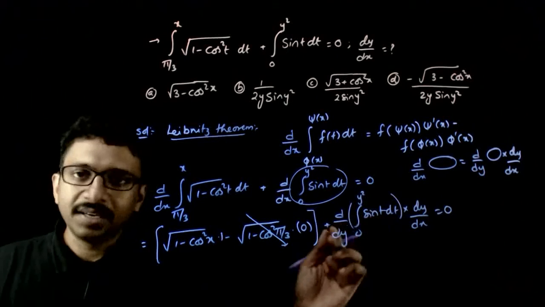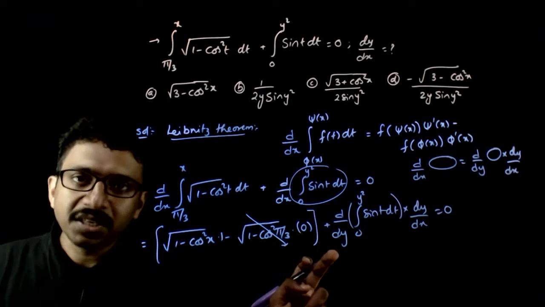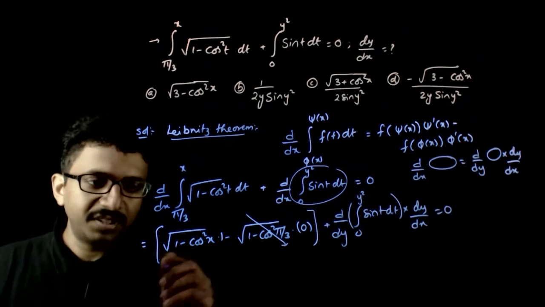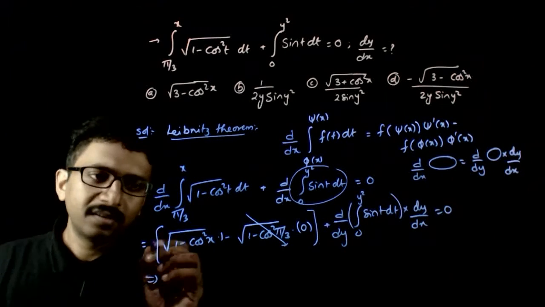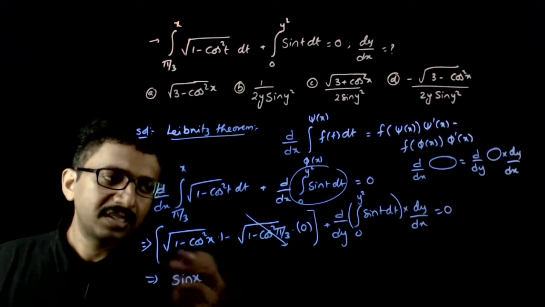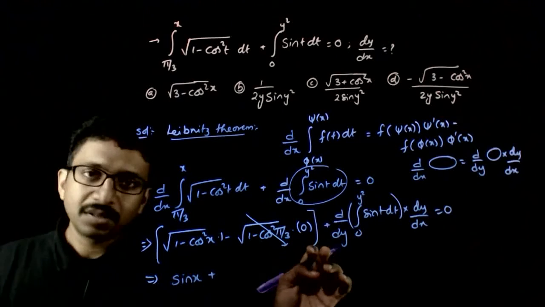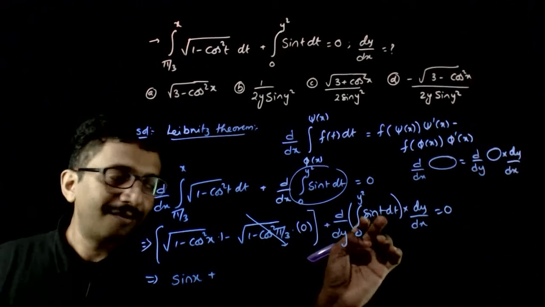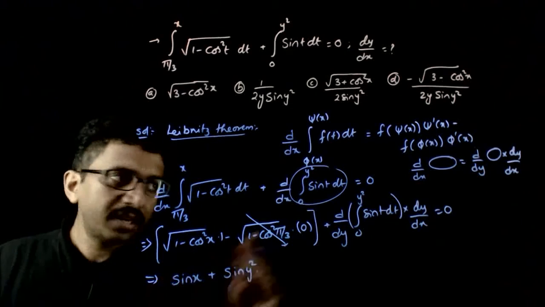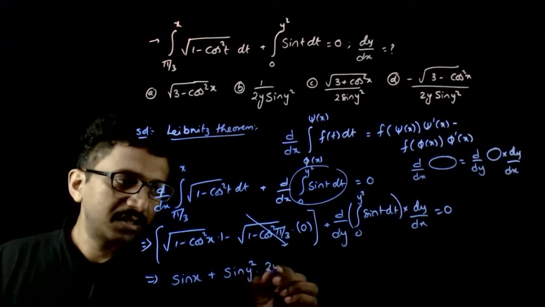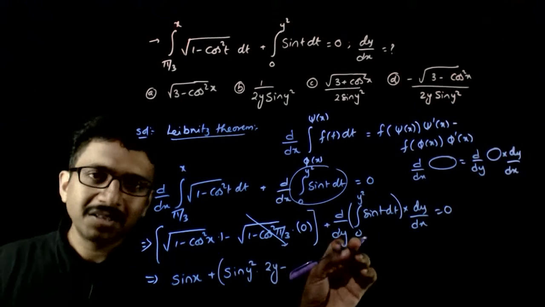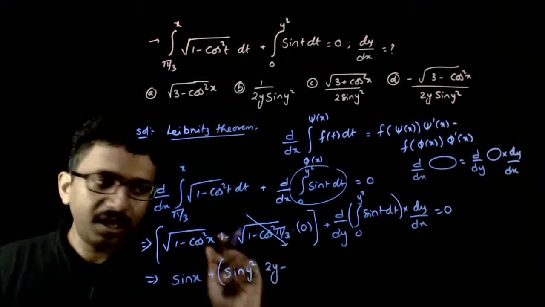So this whole thing is under differentiation. Now the differentiation variable is y and the function is in terms of y. Again I can use Leibniz theorem. This implies root of 1 minus cos square x is sin x, plus, we put y square in place of t, sin of y square into the differentiation of y square, which is 2y, minus, because it is a constant limit, the differentiation will be 0.